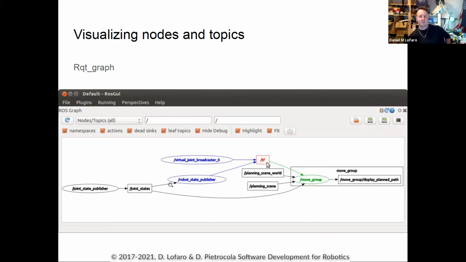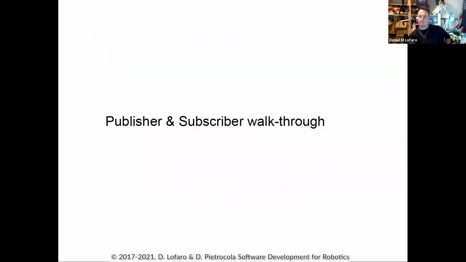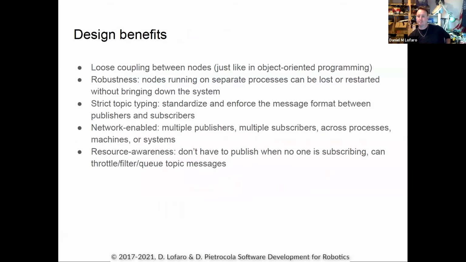You can see who's publishing, who's subscribing, and on what topics. So it's just a little bit more complex version. So we did our publisher and subscriber walkthrough. Now, design benefits.